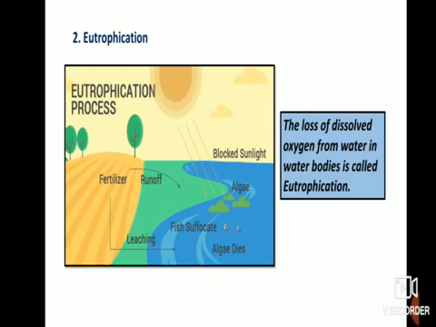This is because microorganisms will use oxygen for the decomposition of dead algae. Once the level of dissolved oxygen falls, fish and most other aquatic animals also die due to suffocation and want of oxygen. So, the loss of dissolved oxygen from water in water bodies is called eutrophication.